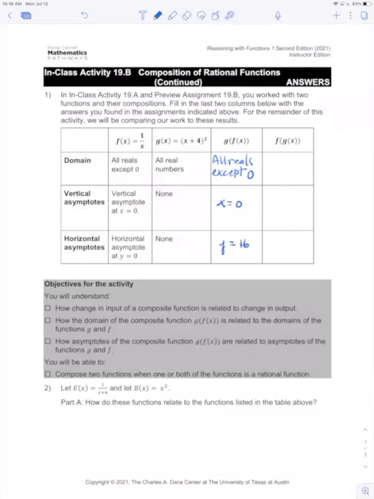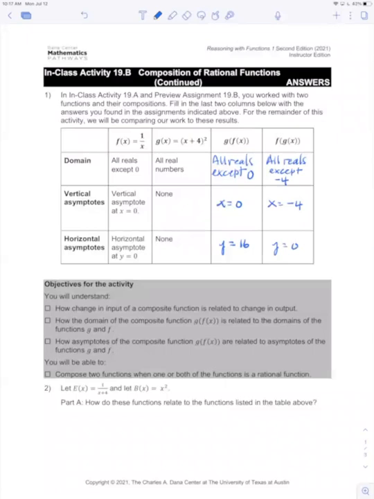Now f of g, it's going to be all reals except -4. So we'll put all reals except -4. A vertical asymptote is at x equals -4, and horizontal asymptote occurs at y is equal to 0.